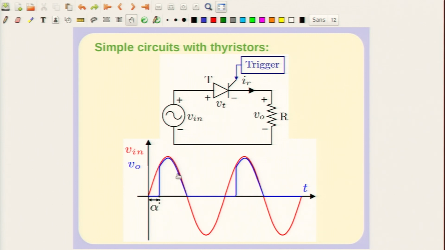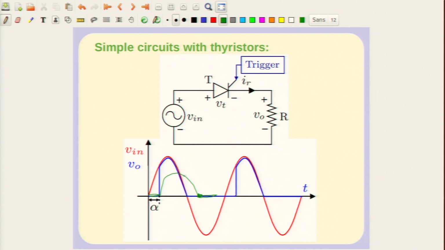So, this is the firing angle, and now the waveform, if you have got a resistive load, looks like this. If you had an inductive load, of course, you can have a slightly different behavior. For example, if you have got an RL circuit, this is 0 as this will be 0, and here the current would increase, and in fact, it will not suddenly become 0 at this point, but here the thyristor will stop, because here the current reaches 0.